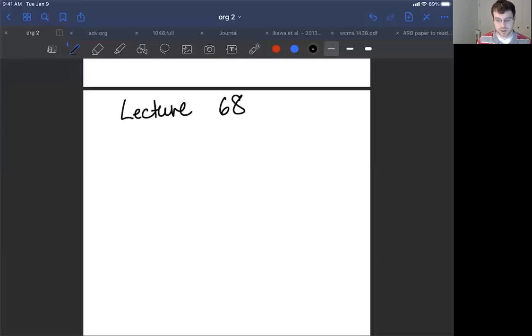So in this lecture, I want to look at halogen substituents on aromatic rings for electrophilic aromatic substitution reactions. It turns out that halogen atoms are sort of a mixed bag between what we've been looking at.